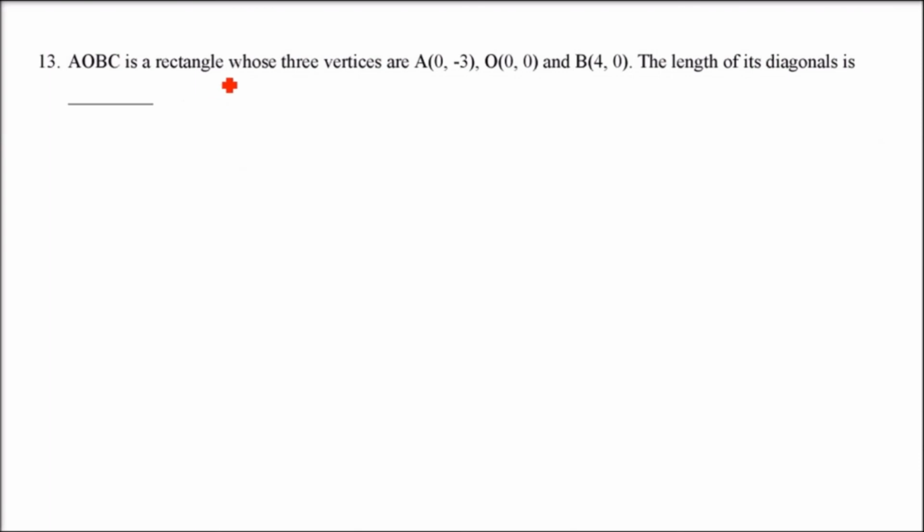AOBC is a rectangle whose three vertices are given by these coordinates. We have to find the length of its diagonal. The best way is to locate these points on the Cartesian plane, since they are very clear. It is obvious that if we find the fourth point, we can easily find the length of the diagonal.